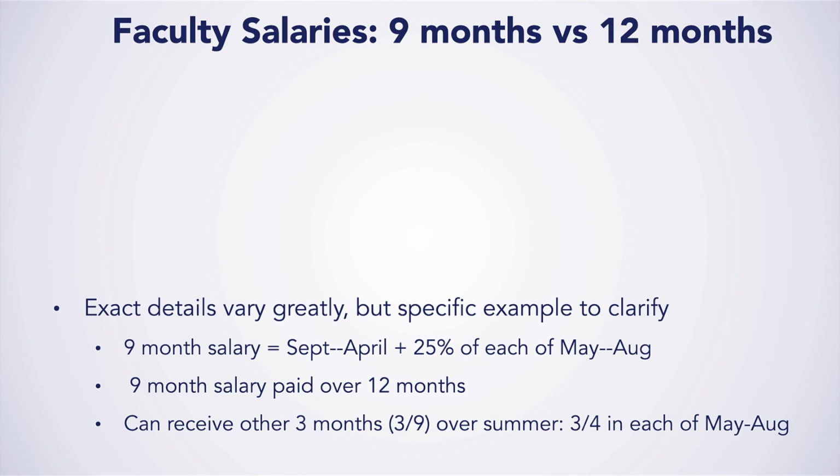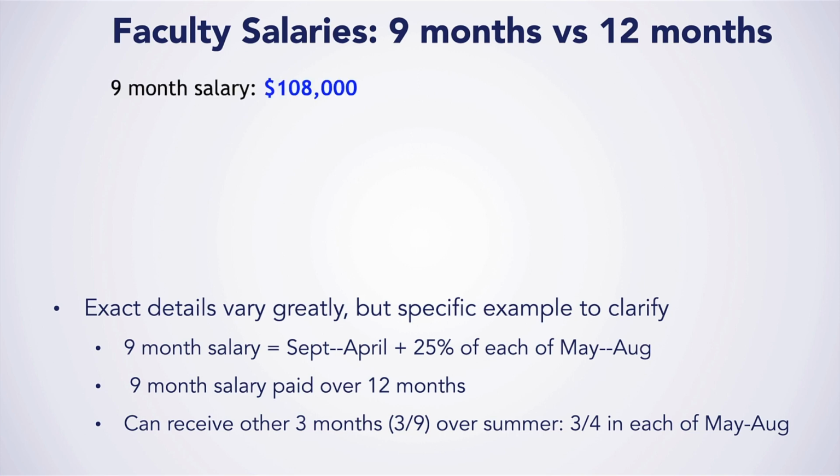Many schools will set it up this way since you're expected to do some stuff in the summer even if you don't have summer funding. Your 9-month salary is paid out over 12 months, and you can receive the other 3 months, so 3/9 of your base salary, over the summer, with 3/4 of a month in May, 3/4 of a month in June, 3/4 in July, and 3/4 in August.